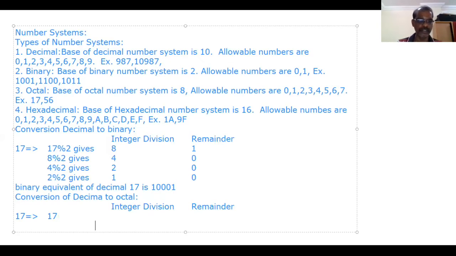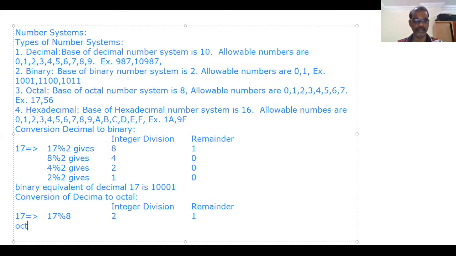The base of octal is 8. So this 17 should be divided by 8. The integer division is 2, and the remainder will be 1. We already know 2 eights are 16, so the remainder is 1. That's all, we stop here.